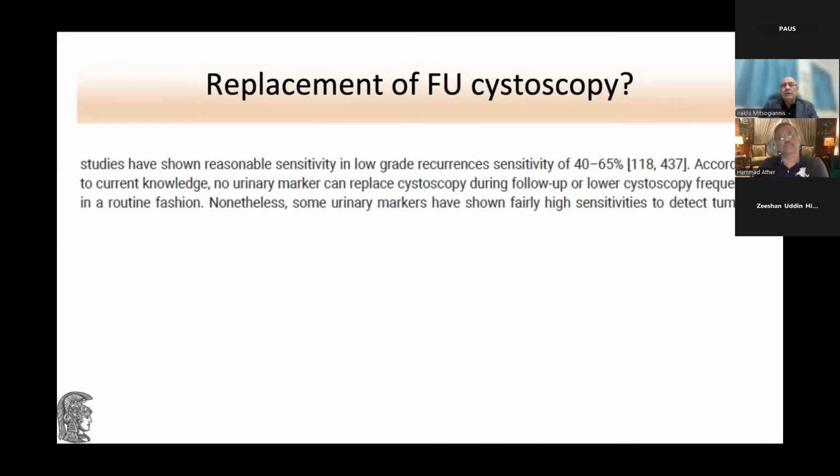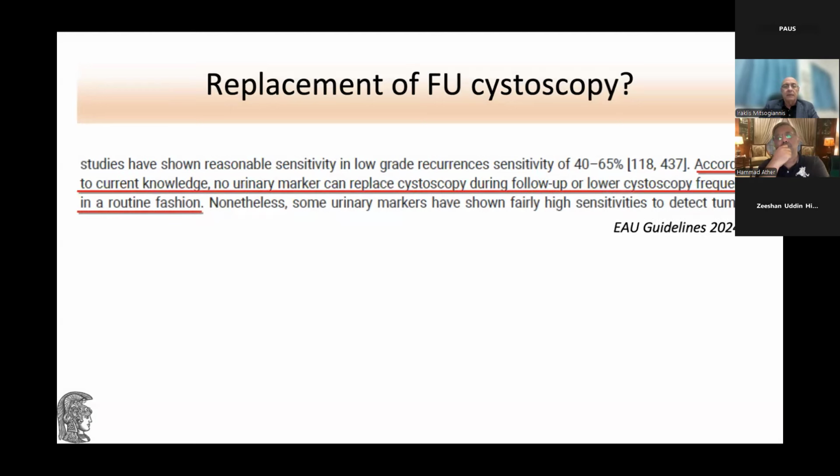Now, all these, both blue-light cystoscopy and the novel markers, are very useful adjunct measures, but can they really replace the follow-up cystoscopy? The guidelines say that there's no urinary marker nowadays that can replace cystoscopy during the follow-up period and should not be used in a routine fashion.